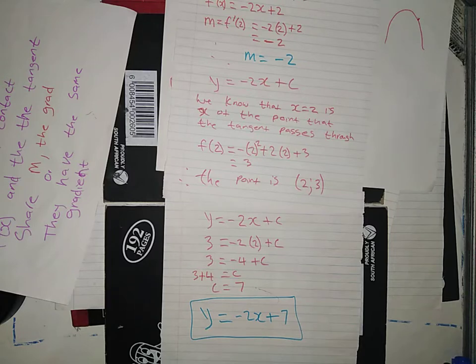This is your final answer. So the equation of the tangent of this graph at this point is nothing other than minus 2x plus 7.